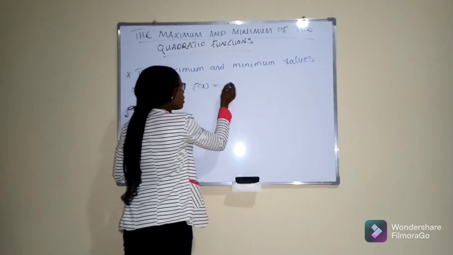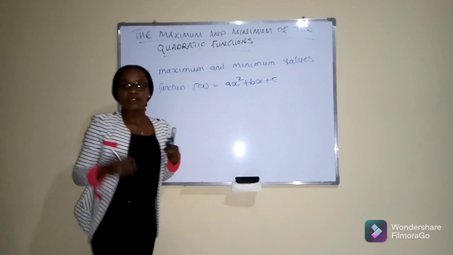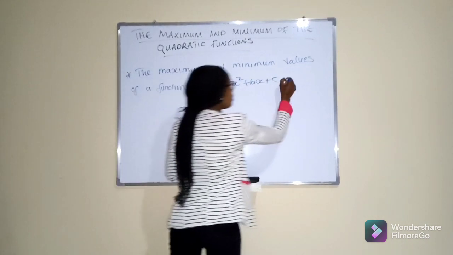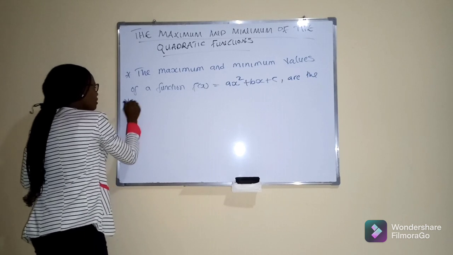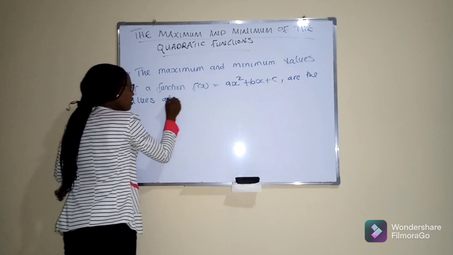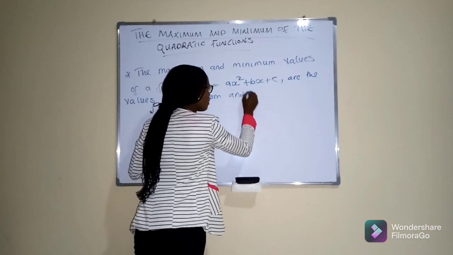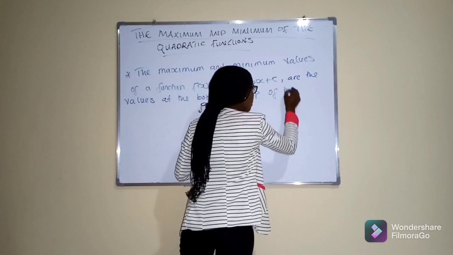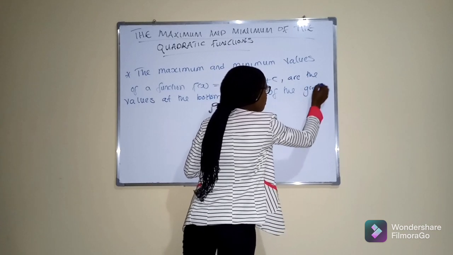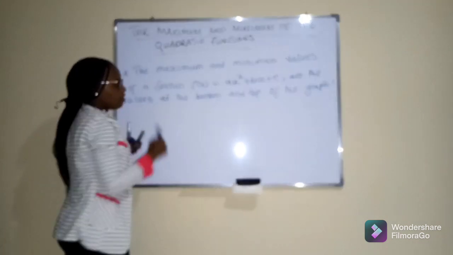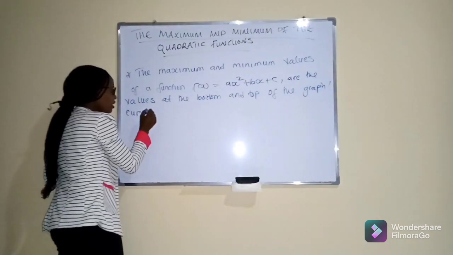f of x, which is equal to ax squared plus bx plus c, are the values at the bottom and top of the graph, or the curve.